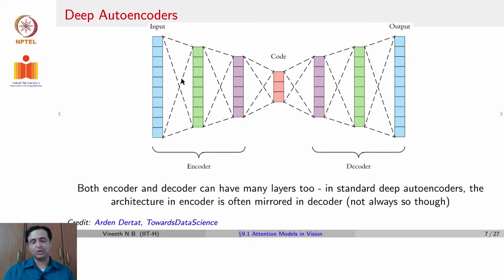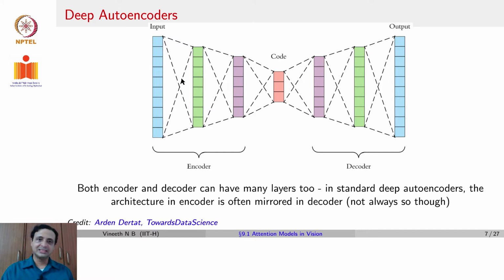So if you have a set of layers in the encoder with a certain number of hidden nodes in each of these layers, then the decoder mirrors the same architecture the other way to ensure that you can get an output which is of the same dimension as the input. That's when you can actually measure the mean square error between the reconstruction and the input.